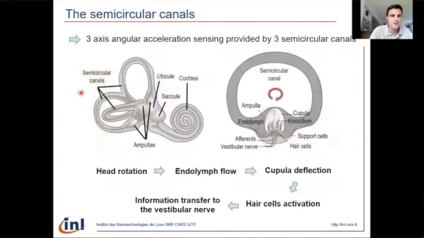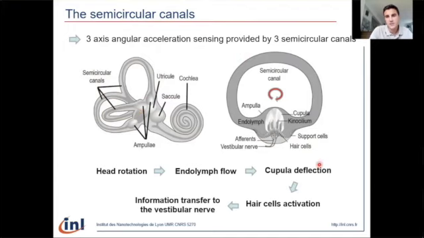The vestibular system, here on the left, hosts 5 sensors that are able to detect angular and linear accelerations in all directions. In particular, the vestibular system integrates 3 semicircular canals perpendicular to each other that can monitor rotational head motions.